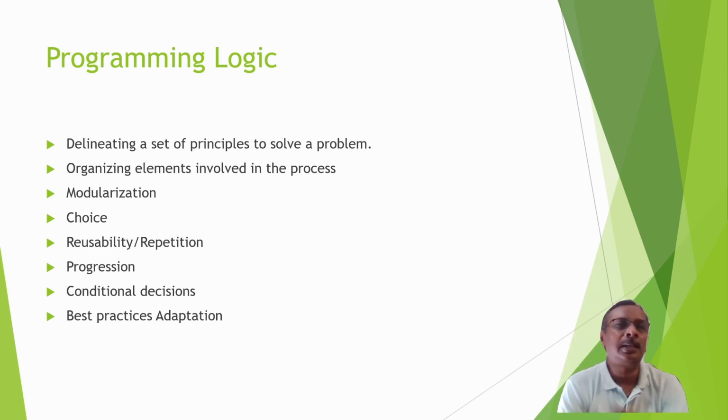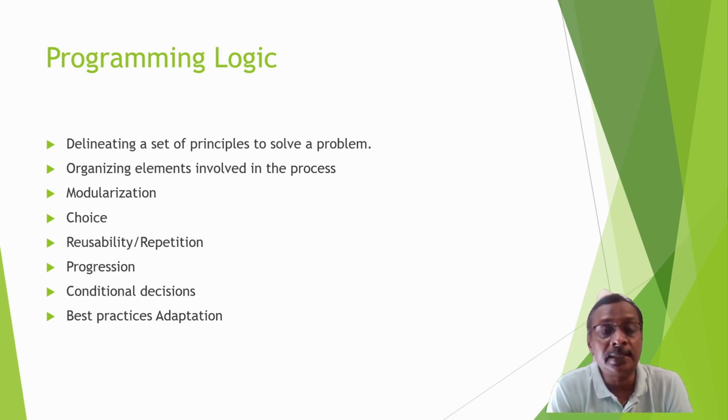So like that you progressively think and make decisions, and then you make conditional decisions. So if this is the condition, do process A. If this is not the condition, then do process B. So these kind of decision making, conditional decisions.